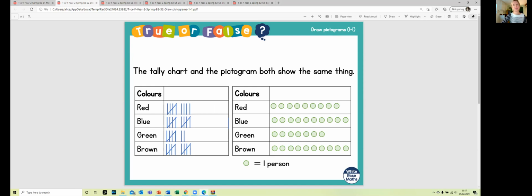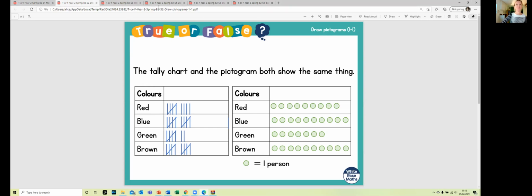Look carefully at the key in the pictogram. Pause me now and work it out. Did you remember your counting in 5s for the tally? Good. Lovely. Let's move on.